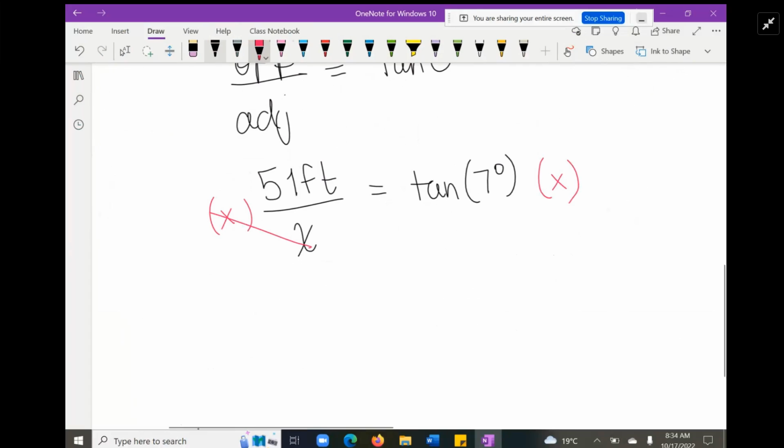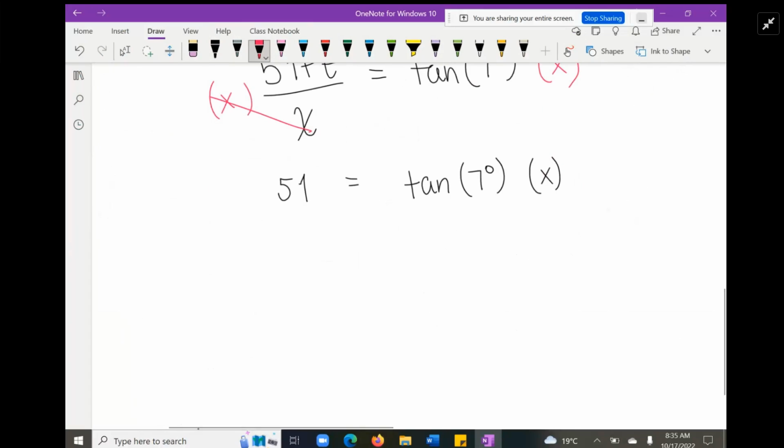That way x is canceled on the left, leaving 51. I'm just going to drop the units for now. And we have tangent 7 degrees times that x variable. So now we just have to divide both sides by tangent 7 degrees.